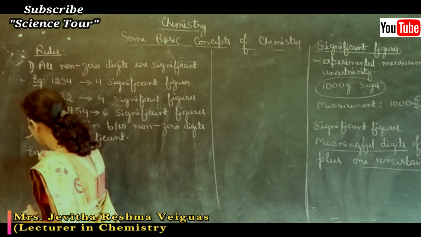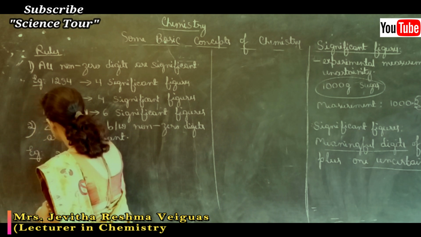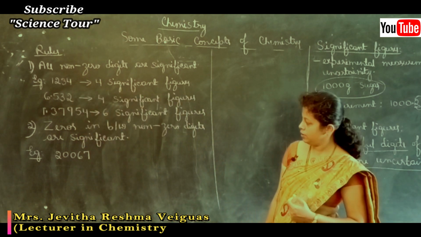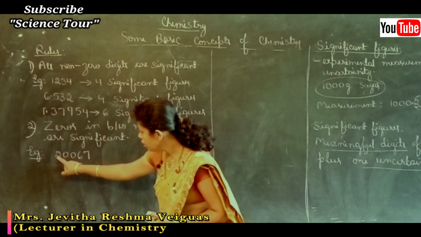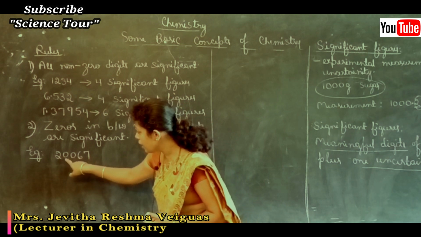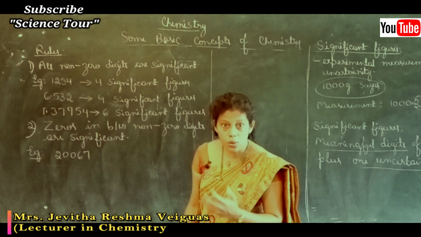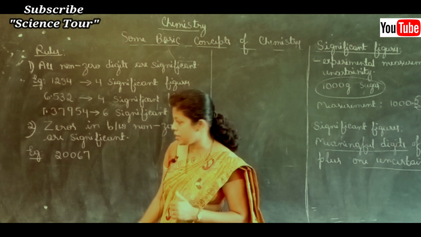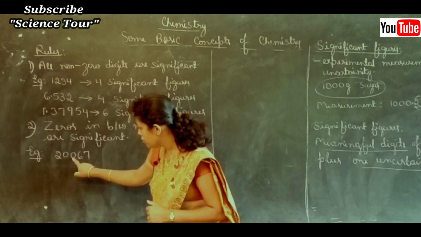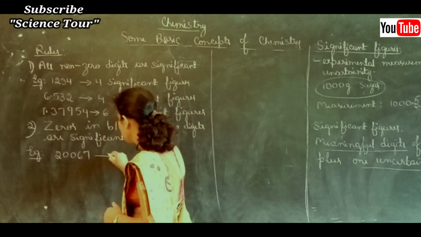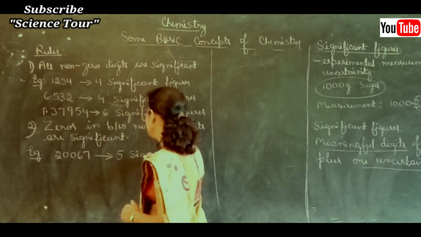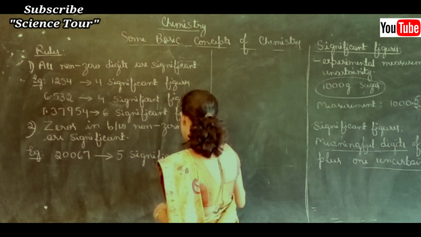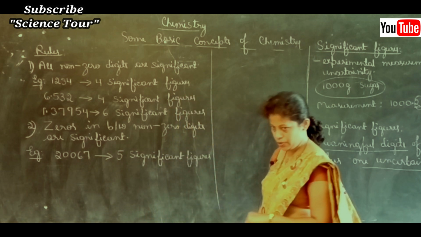I'll take the number this way: 20067. There are non-zero digits, and in between there are zeros. If zeros are between non-zero digits, they have significance. Let's count how many digits are there: 1, 2, 3, 4, 5. So this value has 5 significant figures.